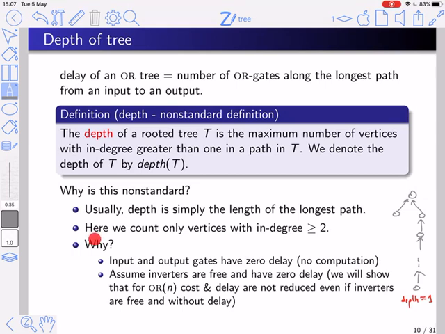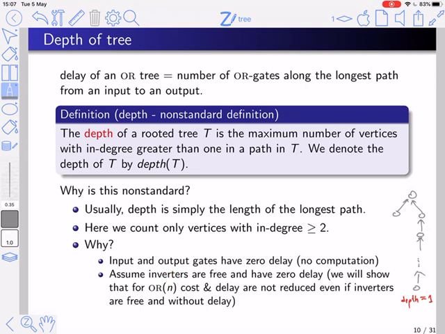Why are we using a non-standard definition? Well, first of all, we don't want to count inputs and outputs. They're not so interesting. An input has an in-degree of 0, an output has an in-degree of 1. We don't want to count them. Usually they have a 0 delay and a 0 cost. They don't perform any computation. The second issue is that by not counting vertices of in-degree 1, we are in fact assuming that inverters are free and have 0 delay, 0 cost.